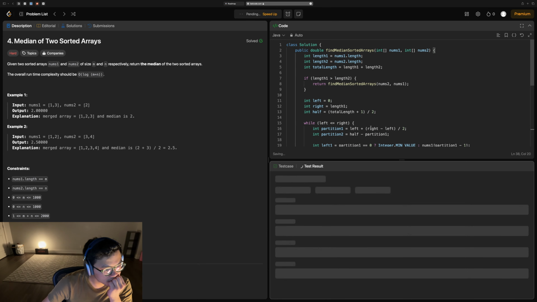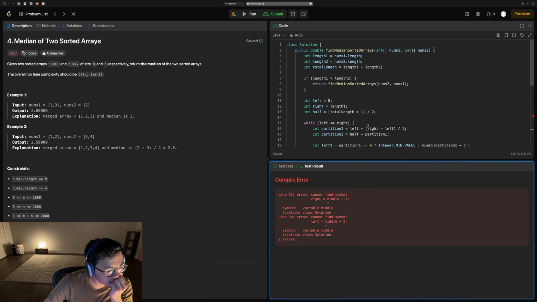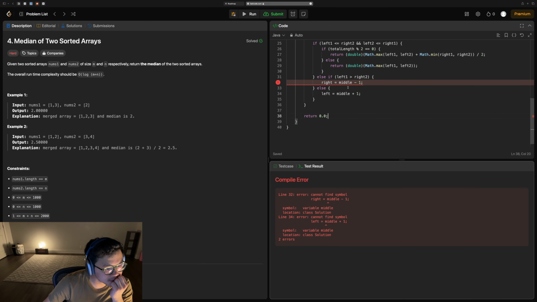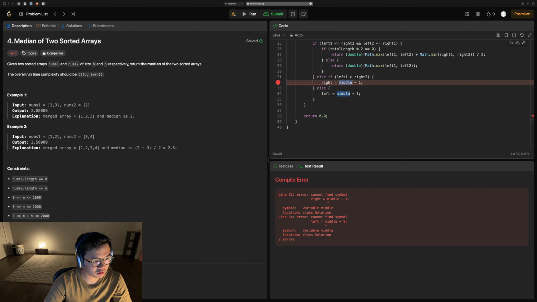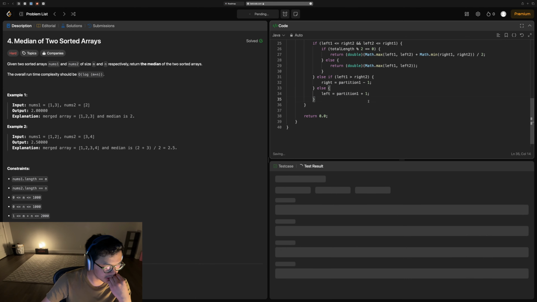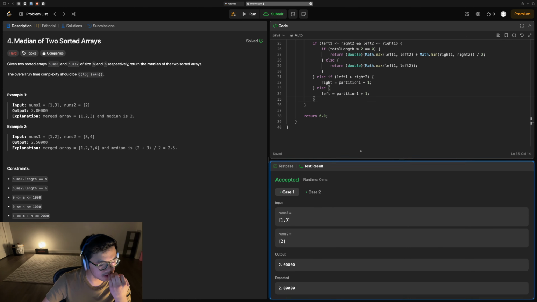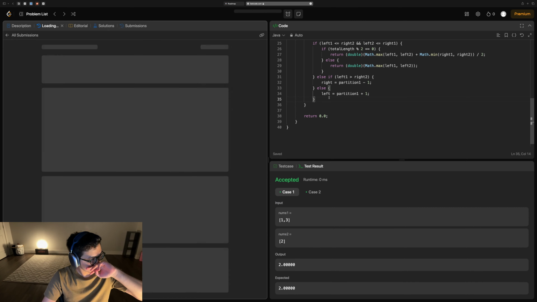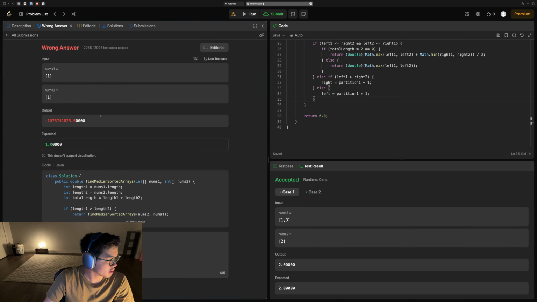Let's see. Middle. Oh, sorry, partition, not middle. Partition 1. Yeah, okay, this is right, but I don't really know why. Oh, never mind, it's not right.